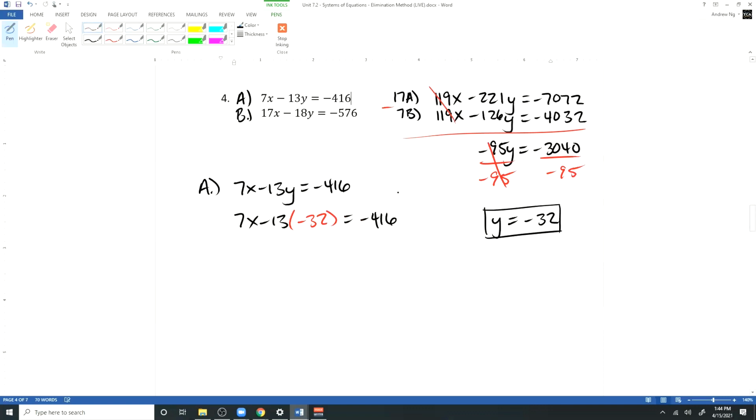And find what x is. This here is going to be 416. Oh, convenient. Subtract. And divide.